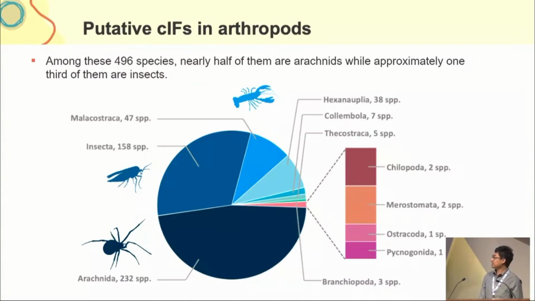So this is quite a strange but interesting pattern. And this might suggest that cIF might have evolved independently multiple times in many arthropod groups, or it might have been lost multiple times independently in different lineages. This is what the result suggests.